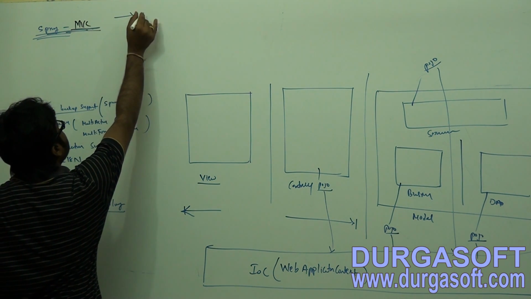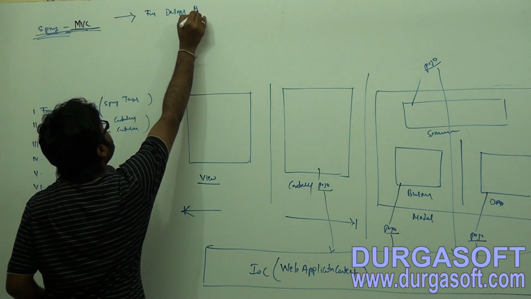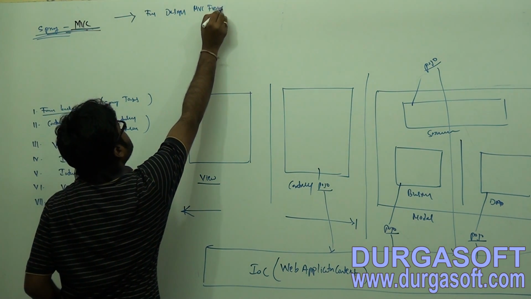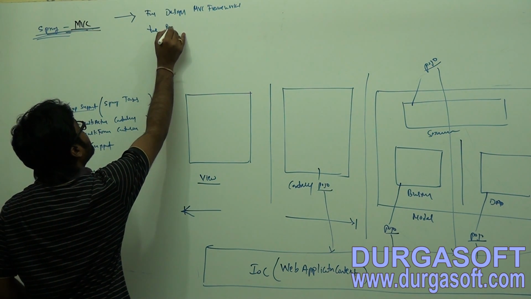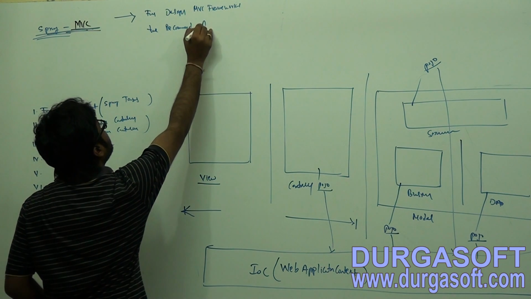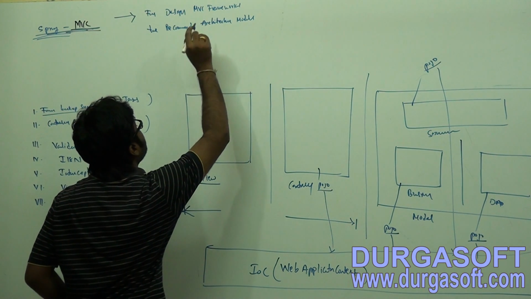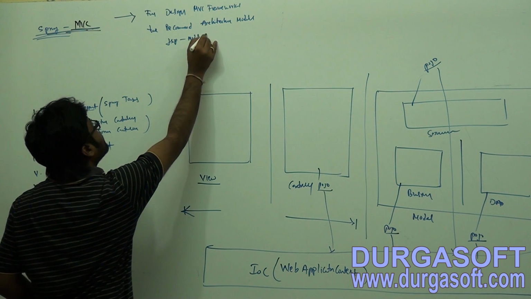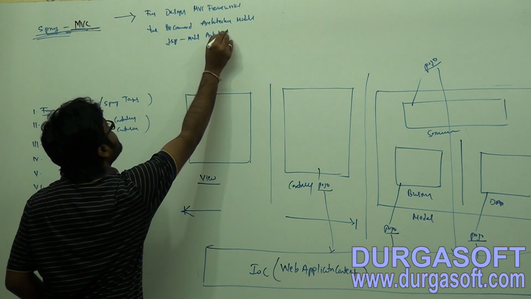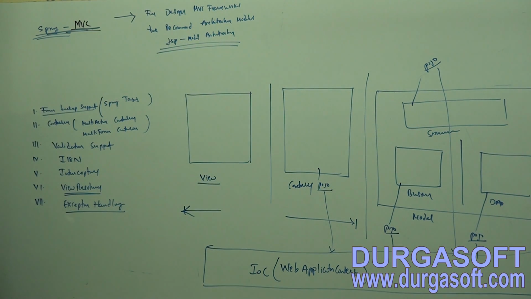For designing MVC frameworks, the recommended architecture models are JSP model architectures. By following JSP model architecture rules, the MVC framework vendors design MVC frameworks.